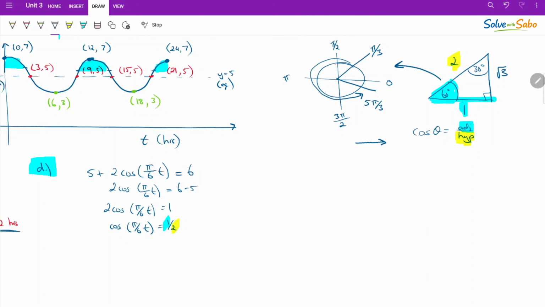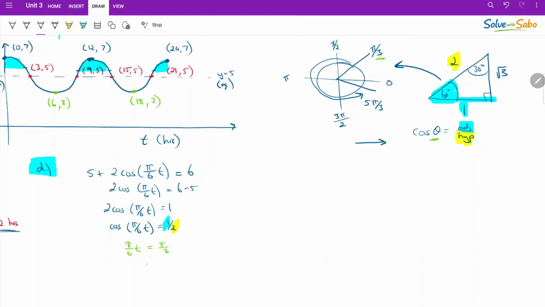So what does all of this mean? It means, I'm going to switch over to green now, when this bit in cos is equal to pi on 3, you get a half. So when pi on 6 t is equal to pi on 3, then you get an answer of a half, because cos of pi on 6 t is the same as cos of pi on 3.